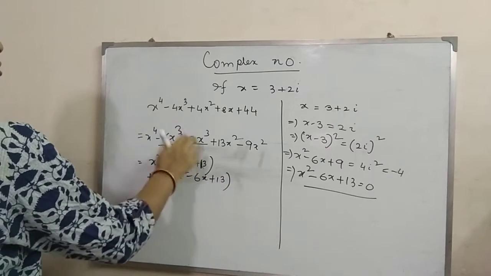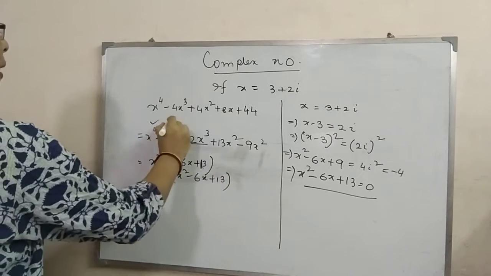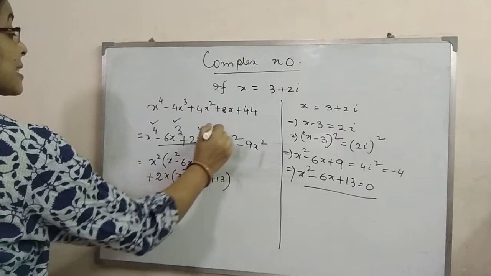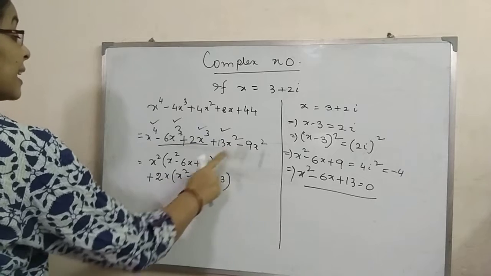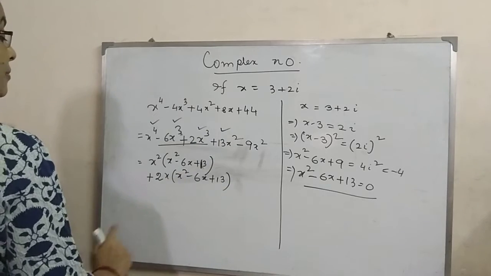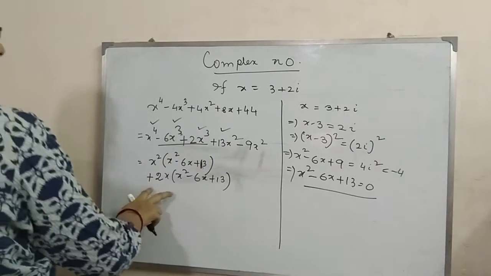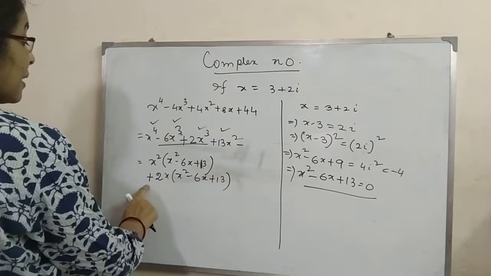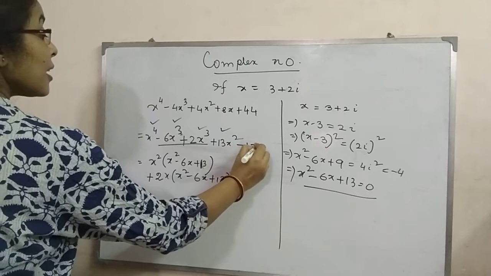So x to the power 4 minus 6x cube plus 2x cube plus 13x square minus 9x square, but I have minus 12x square. Okay, minus 12x square.